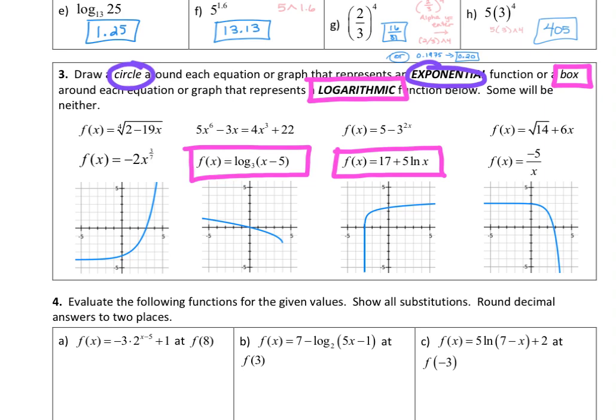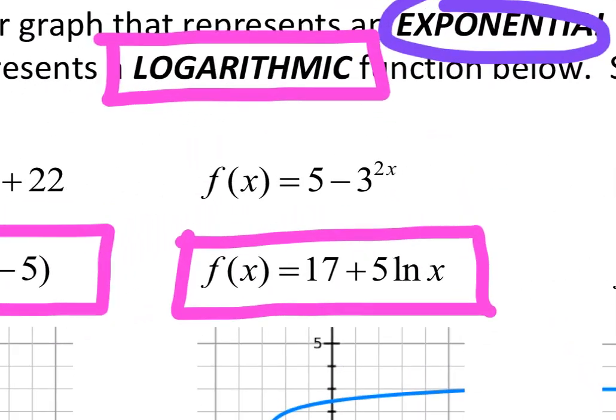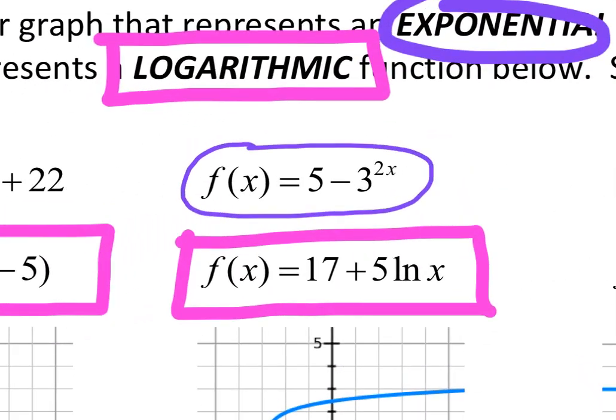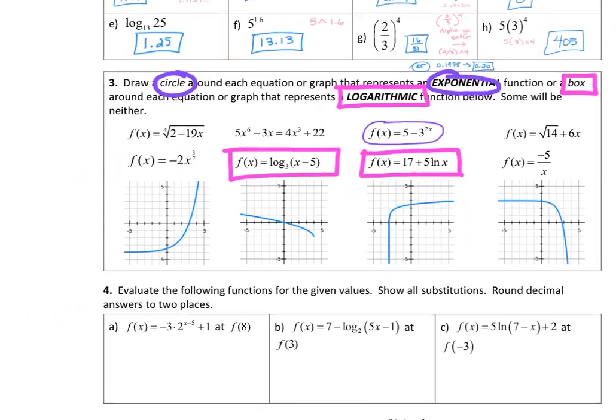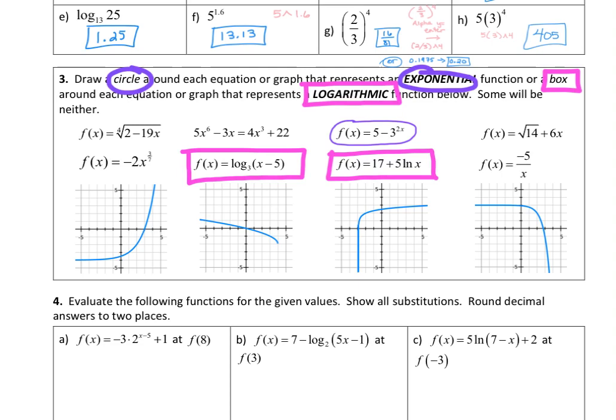And then the exponential functions are the ones where you have an x in the exponent. So, for example, in this one right here, 5 minus 3 to the 2x power, that's got an x in the exponent, therefore it's exponential. But if you look at all the rest of them, this doesn't have an x in the exponent.